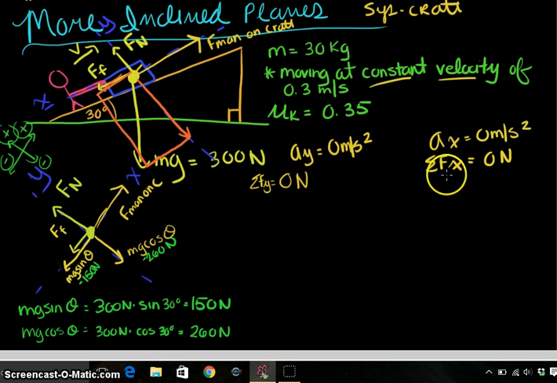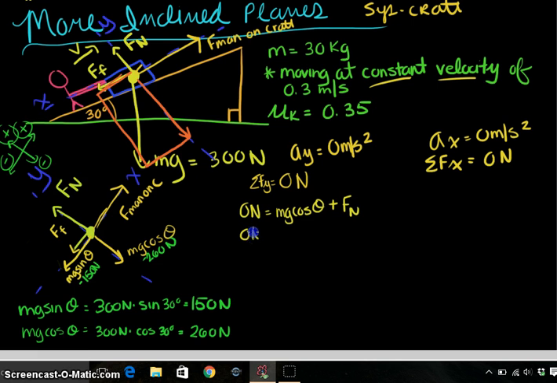So if I take a look at what's going on in my x-axis here and what's going on in my y-axis here, I'm now set up to apply what I know about Newton's second law. So let me take a look at what's going on in the y. Net force in the y we said was 0 newtons, so therefore we can write a math statement for our net force in the y. Net force in the y is equal to mg cosine theta plus the normal force.